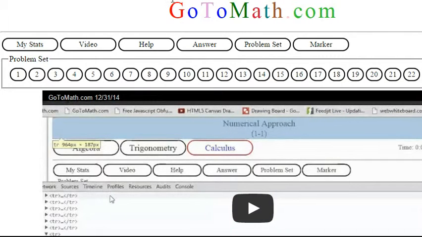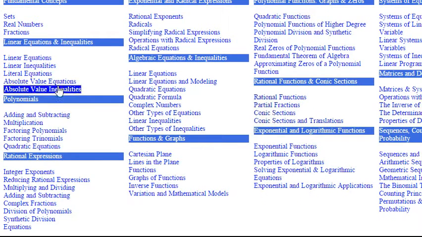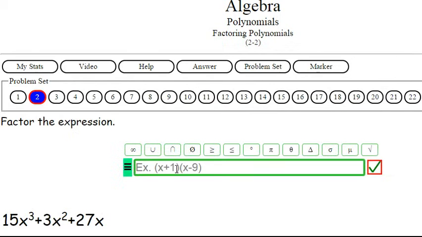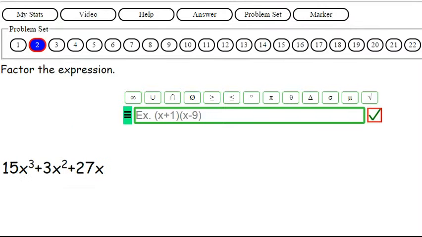Alright, we're over here at gotomath.com. Click on algebra. Let's go down to factoring polynomials. And what are we doing? 2.2, I believe. Alright, so let's spend a second here and write this down. So we have 15x cubed plus 3x squared plus 27x.